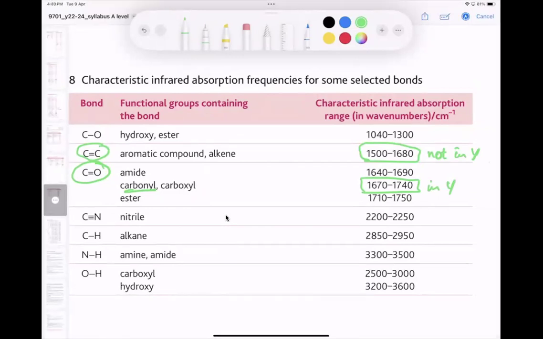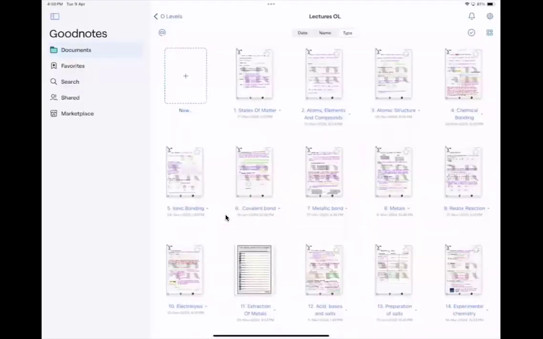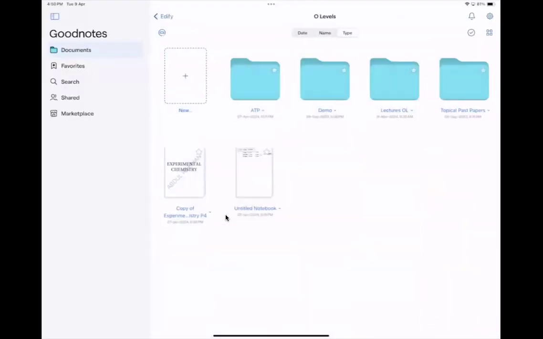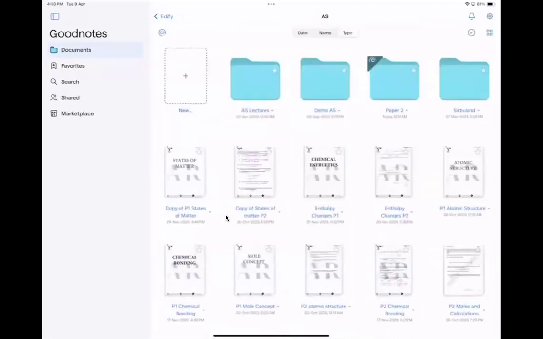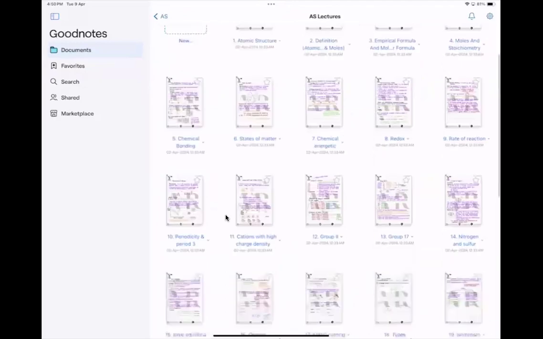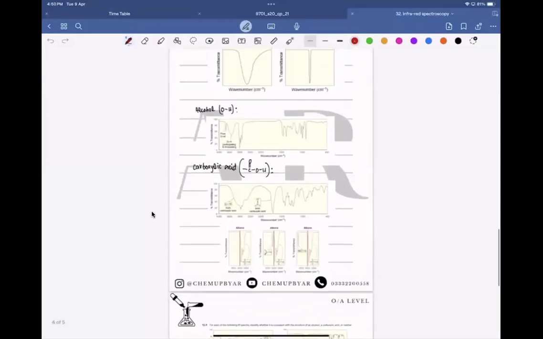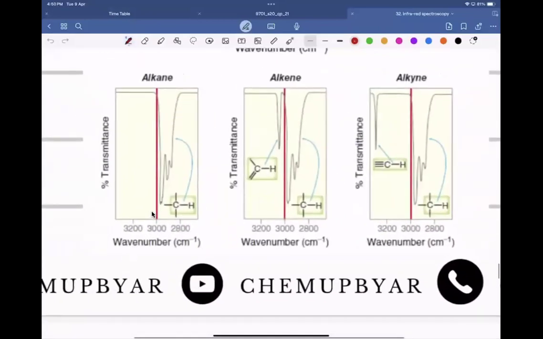There is one more thing that we have studied. If you recall, let me show you. We have studied this thing: there is a carbon-carbon double bond and a carbon bonded to hydrogen. We are getting this peak above 3000.